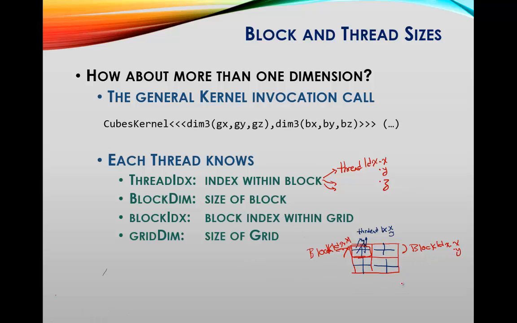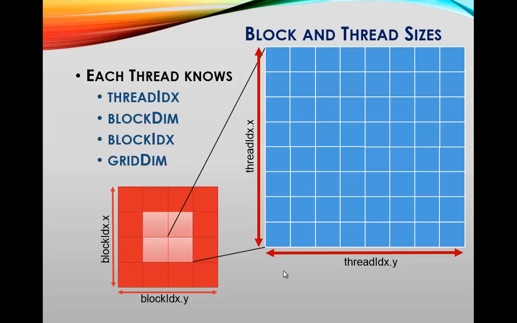And then your threads will know the grid dimension. So your threads will know how many blocks in total are run in the x, y, and z dimensions. All this information is available to your threads. Again, each thread knows its own index in terms of threadIdx.x and threadIdx.y if I were to use a two-dimensional index.